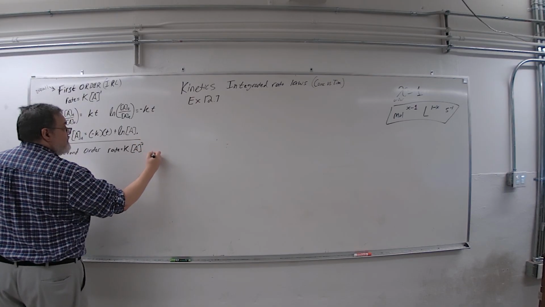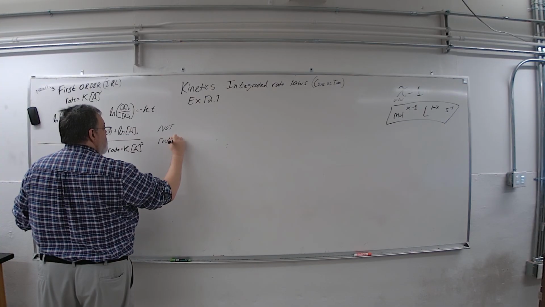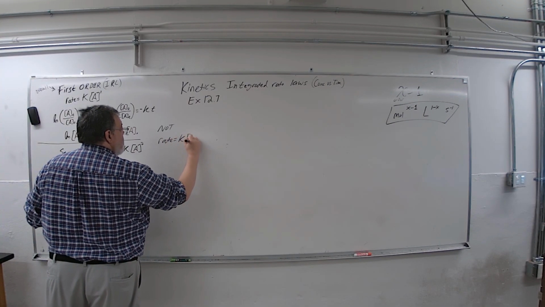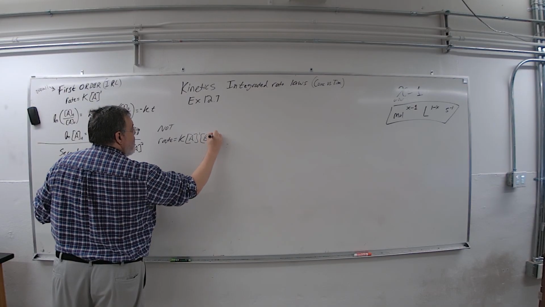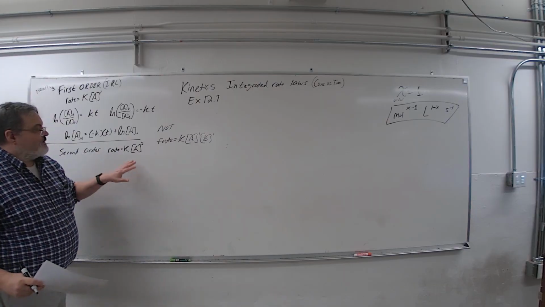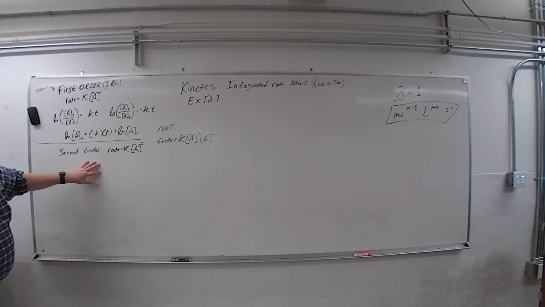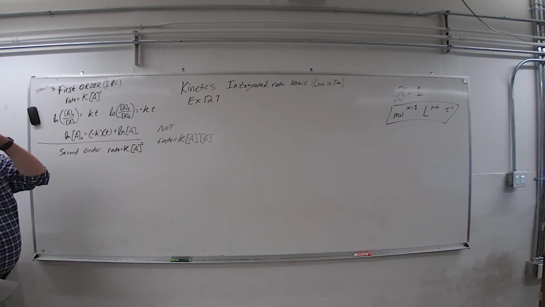Not that situation. This is overall order 2. This is overall order 2. The equations I'm about to show you are the ones that only go for this type. You with me?